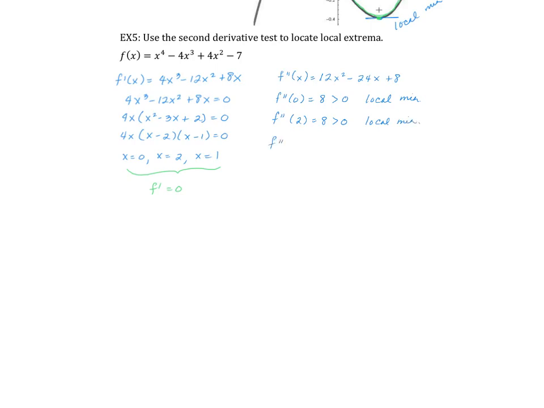And then the second derivative at 1 is negative 4. So since that's less than 0, or negative, that tells me it's a local max. So that's it for this section 4.2. In the next section, 4.3, we're going to be putting all of these concepts together to graph our functions.